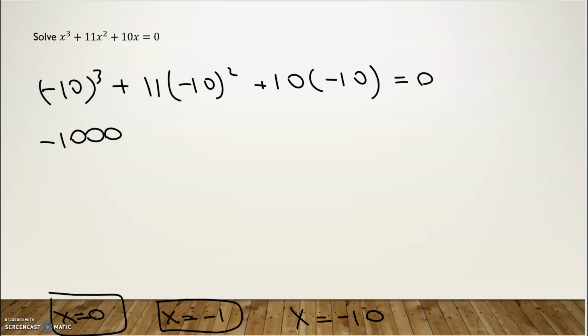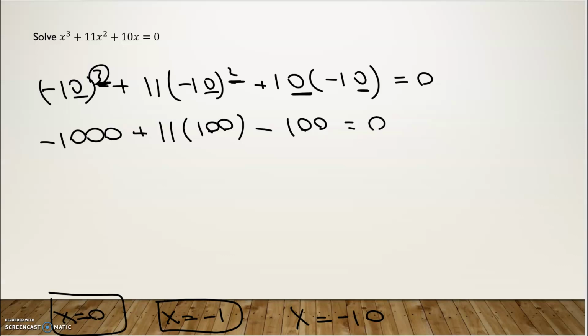All I'm doing is I know that a cube is going to keep the negative, and then I've got a 3 here and a 10 here, so I'm just going to have 3 zeros, plus 11 times, well, a square is going to get rid of that negative, and then I have a 10, so I'm just going to have 2 zeros because of that squared, and 3 zeros because of this 3. And then minus, okay, well, 10 times 10, that is 100. I have a 0 here, 0 here, so I'll put 1 here and 1 here.